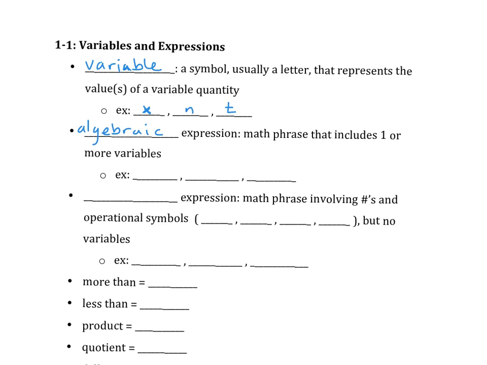So something like x minus 2, for instance, that's an algebraic expression, okay? Or something like 5 divided by n. That's an algebraic expression. Anyone want to try to give me a different algebraic expression?